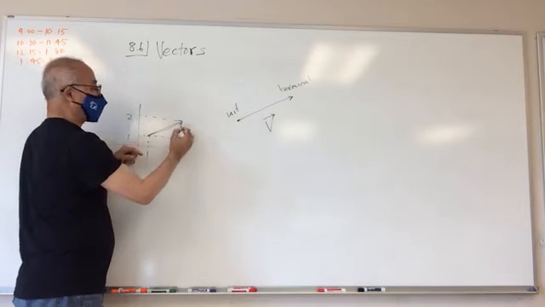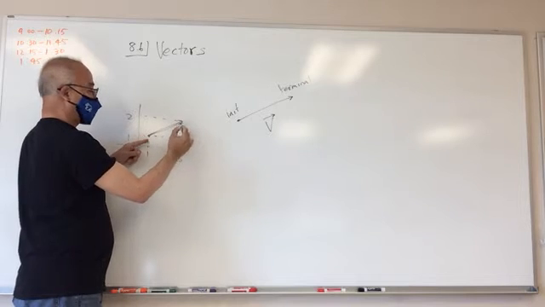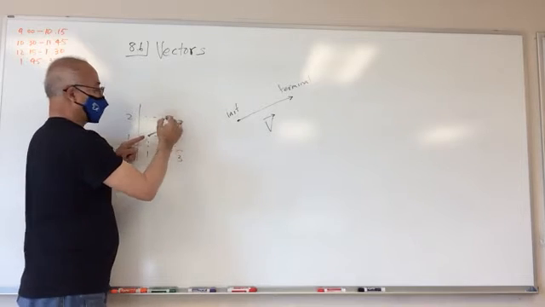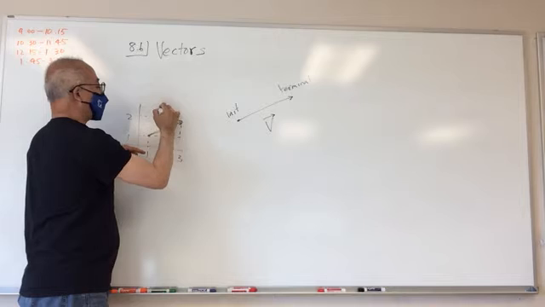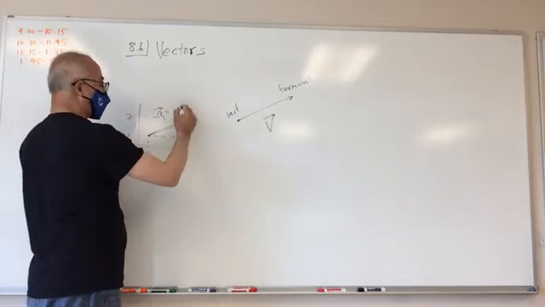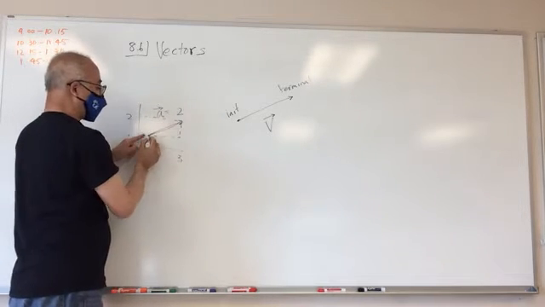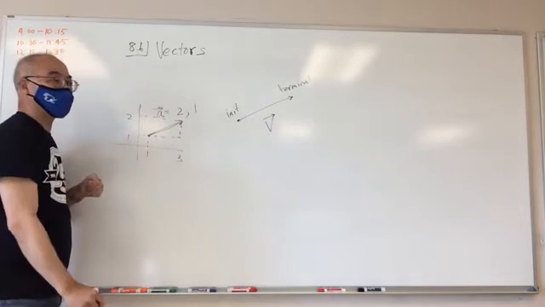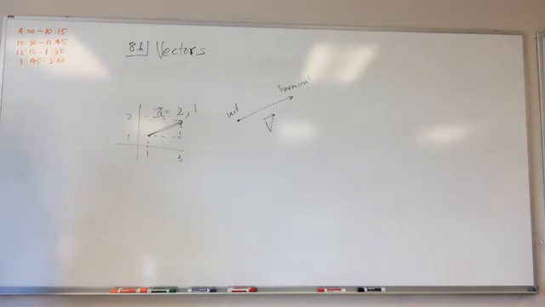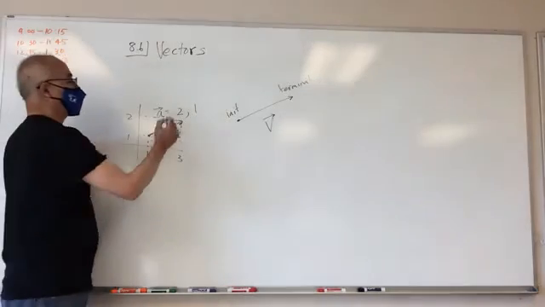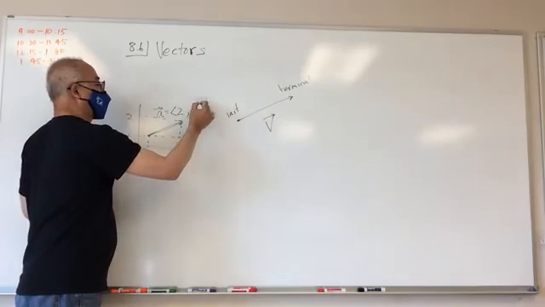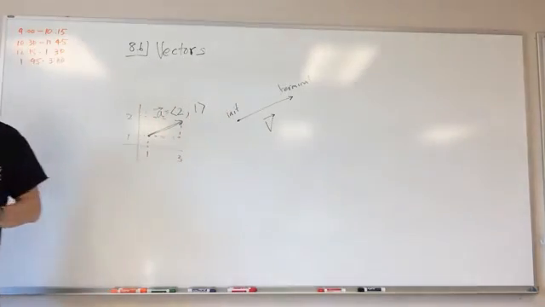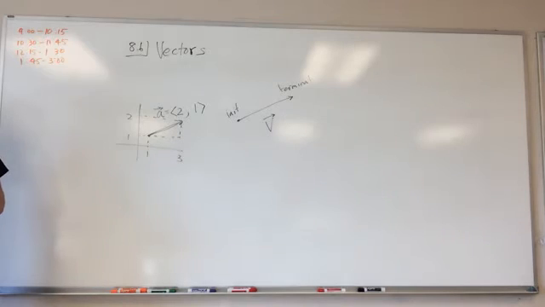How far did it go in the y direction? It went up 1, from 1 to 2. So if I call this vector A, I would notate it as 2 in the x direction, 1 in the y direction. And instead of using normal brackets, parentheses, I would use these funky looking brackets here. And that again denotes that it is a vector.